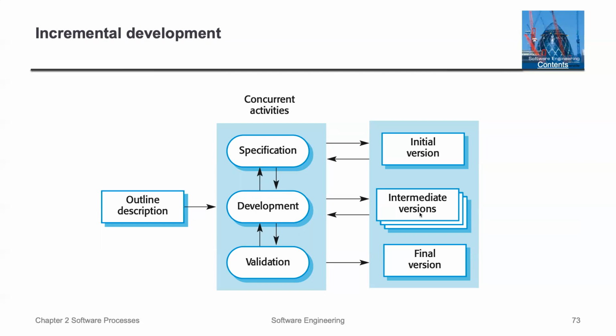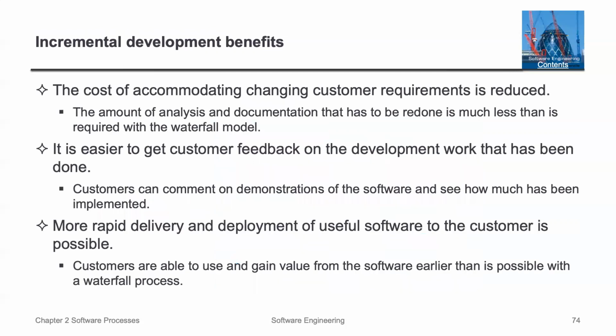Then you are developing an intermediate version as a result. Finally, in the validation process, that can come back and say that there need to be some things that are updated in the development. And finally, you get a final version, and then you're done using the incremental development approach.